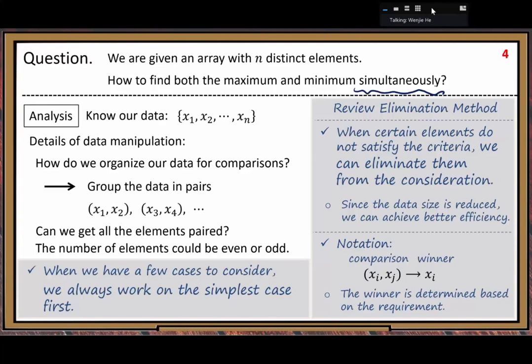So which case do you feel is simpler, even or odd? Even is simpler, because all of them are in pairs. Let's work on the even case first.